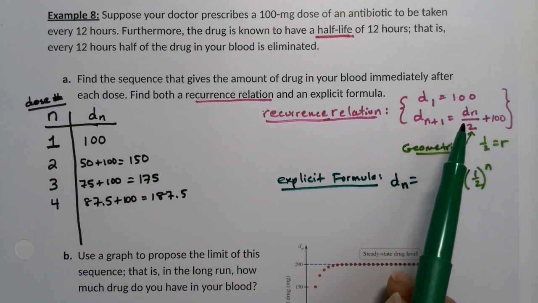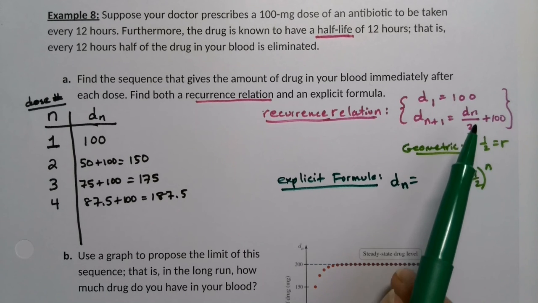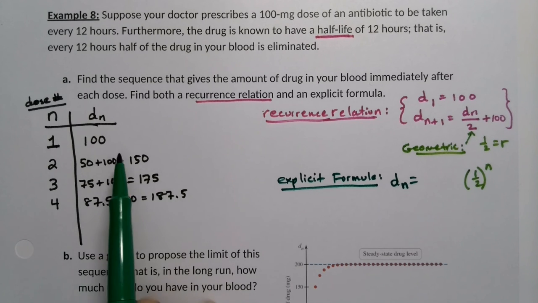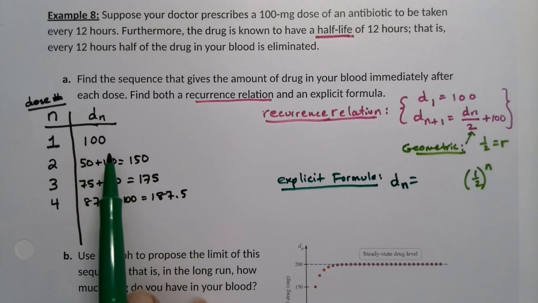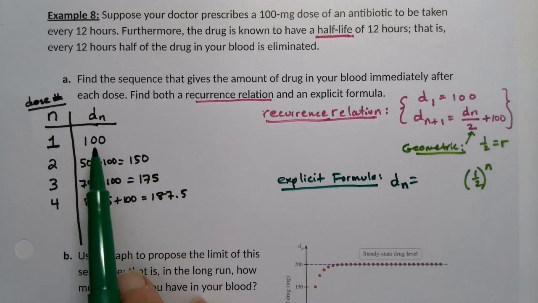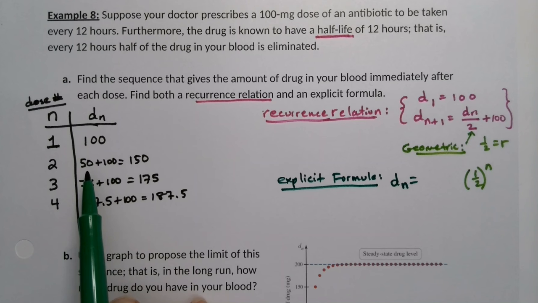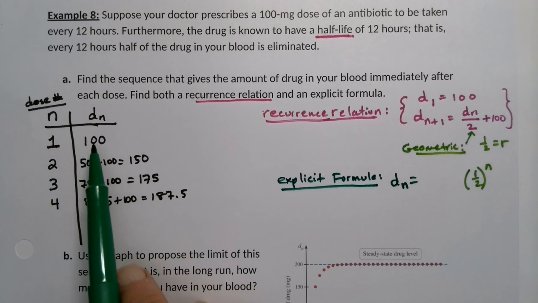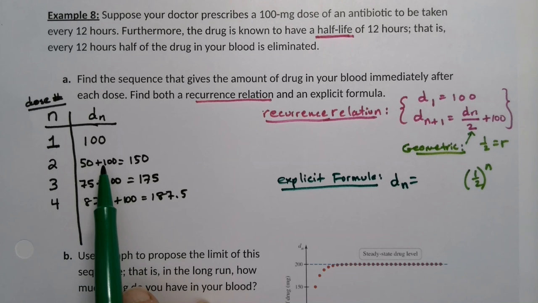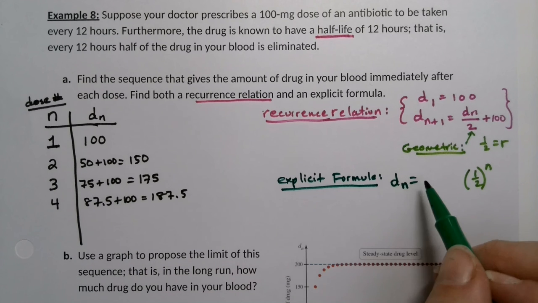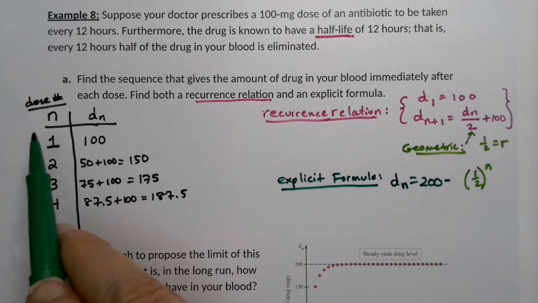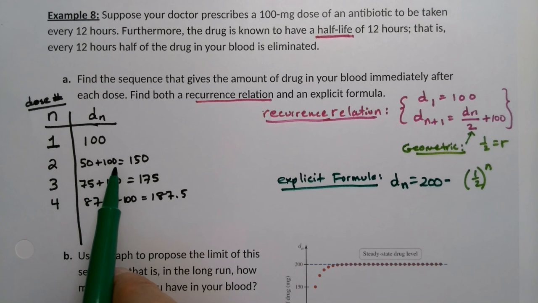We know that since we're dividing by 2 every time, that will make it geometric, and r will be the base of something. Well, we're obviously not just dividing by 2, because it's not shrinking. I mean, this bit shrunk from 100 to 50. Let's think about this for a second. If you just took 2 doses, how much would you have? Well, you'd have 200, if you just took a 100 milligram pill plus another 100 milligram pill.